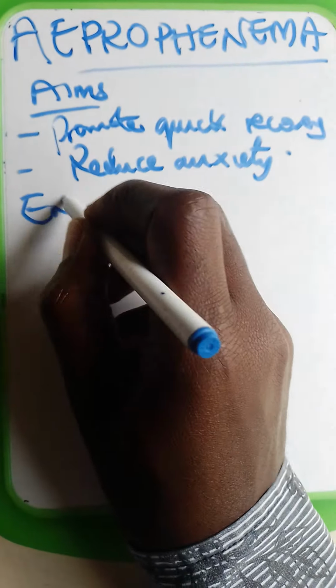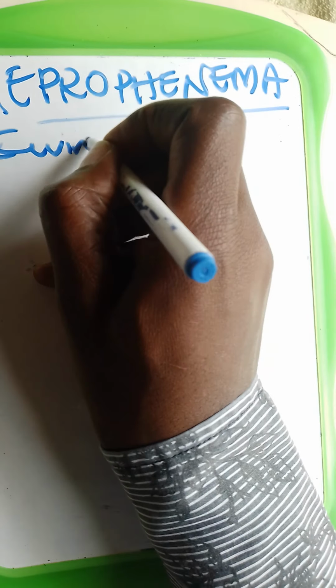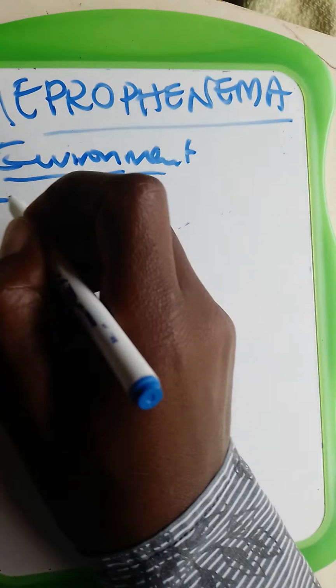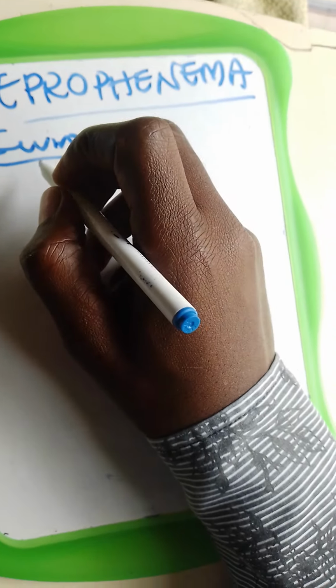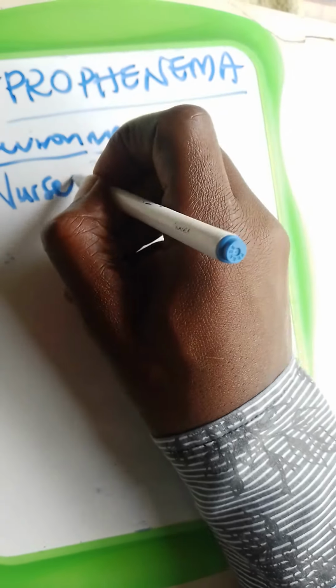So let's look at the points that you can raise in the environment. Some students would raise a point to say that I will nurse my patient near the nurse's bay.